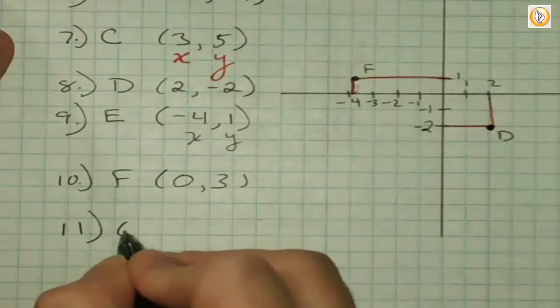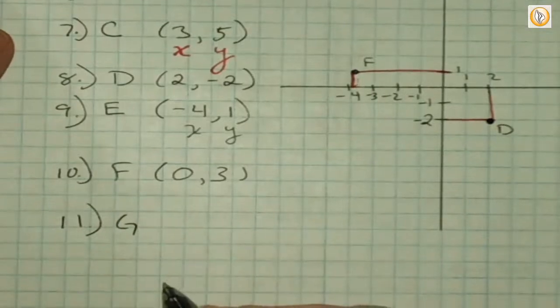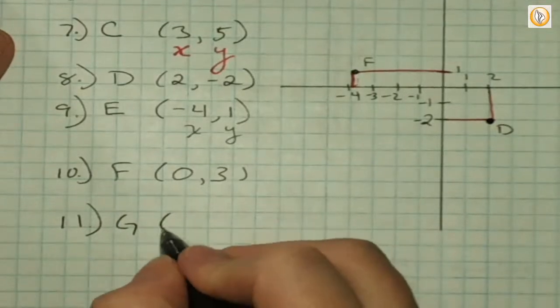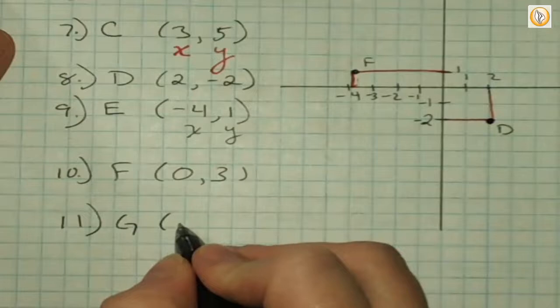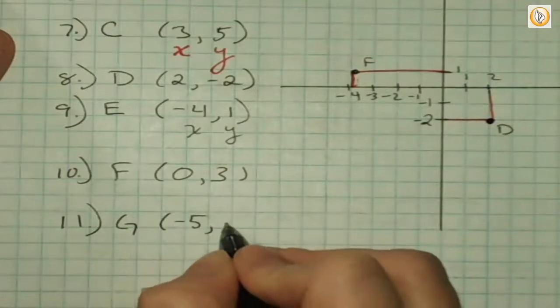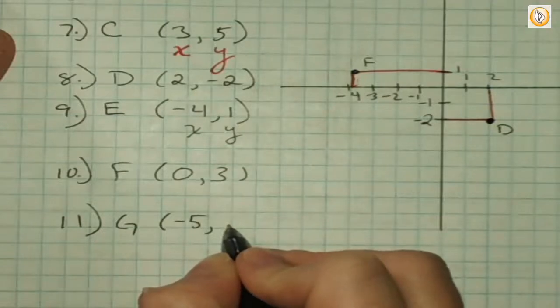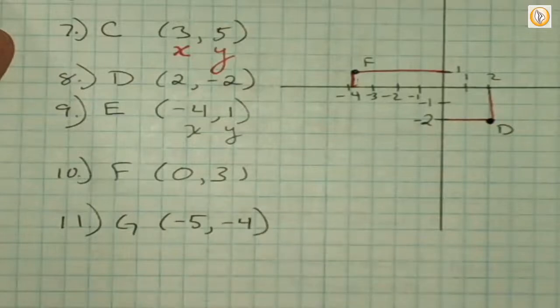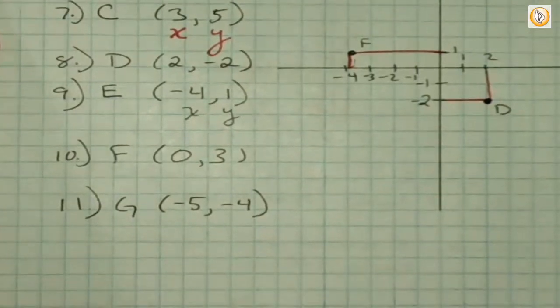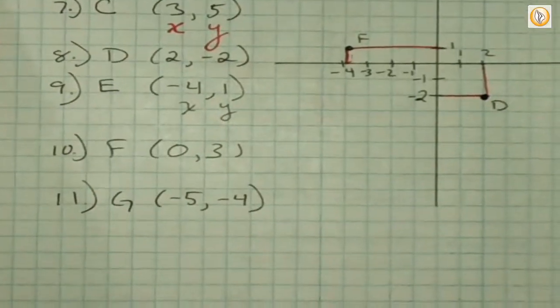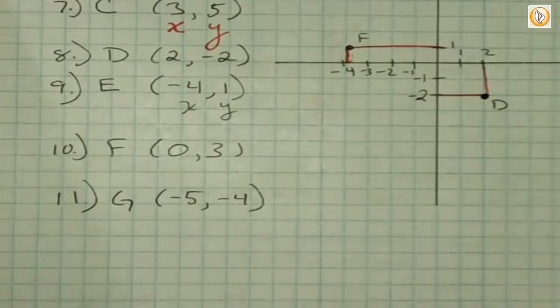All right, Aiden, G. Would it be -5 and -4? Perfect. Any questions? Y'all got it?